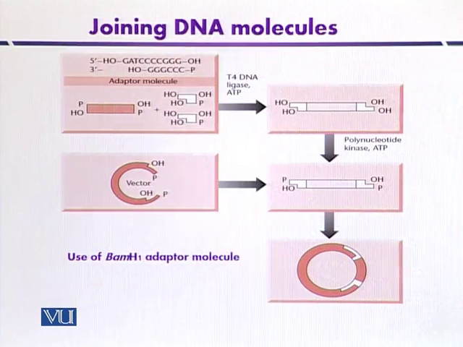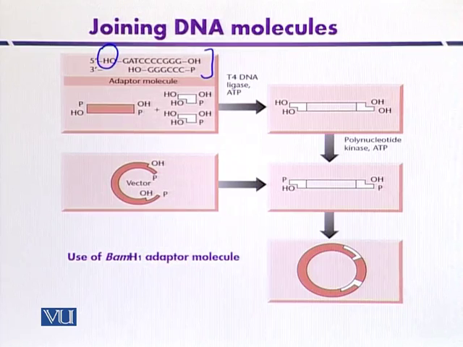So this molecule is an adapter. As I told you, at the 5' end the phosphate has been removed and it contains a hydroxyl group so that the adapters in a mixture will not ligate themselves. So different adapters will not join together, rather they will join with the source DNA.